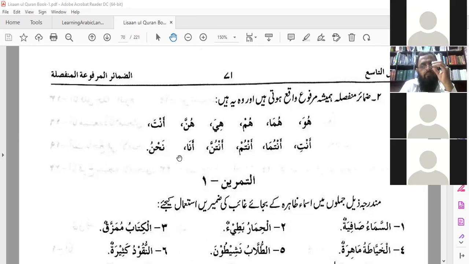Huwa is al-ghaib, and it's mudhakkar, and it's mufrad. What is the status of this word in the sentence? Huwa is mubtada, and mujtahidun is khabar. Okay. Right.